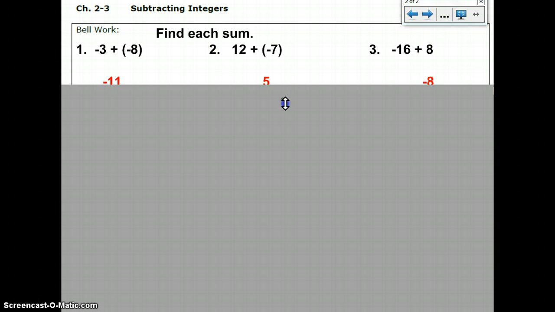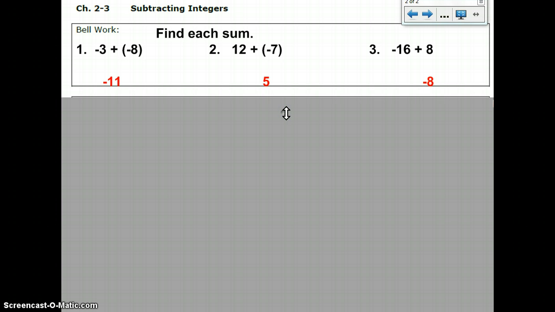Okay, when you're done, check your answers up on the board. And today, you guys, we will not be checking homework. We will check your homework tomorrow in class.